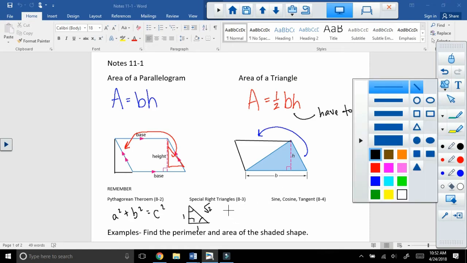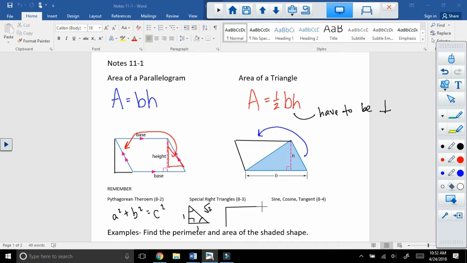Or if you have a 30, 60, 90, the ratio of that is 1 to 2 to the square root of 3. And just remembering sine, cosine, tangent. How about if I just write SOHCAHTOA? Will that be enough to remind you guys?